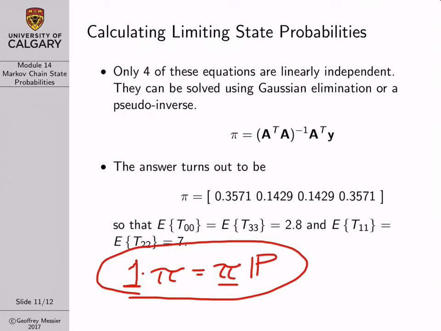And actually it can be proven that in this case, if you try to take the pseudo-inverse, it won't exist. So another nice way to check whether the limiting state probabilities exist is to determine the eigenvalues of P and make sure that there's one and only one eigenvalue that's equal to 1.